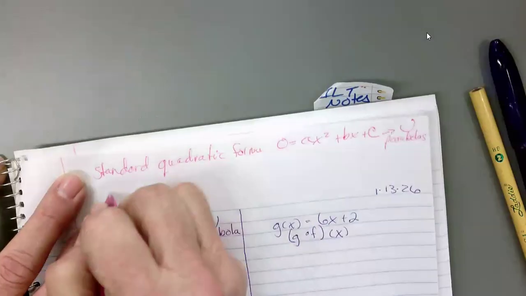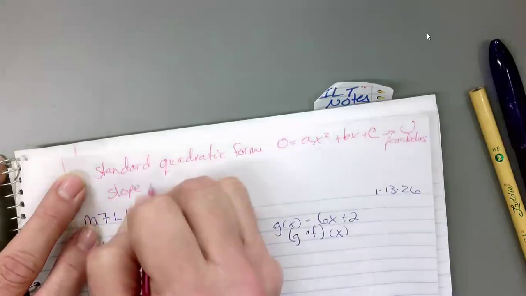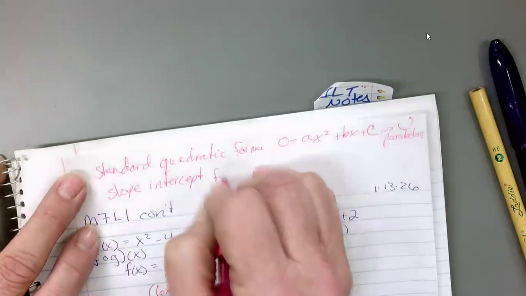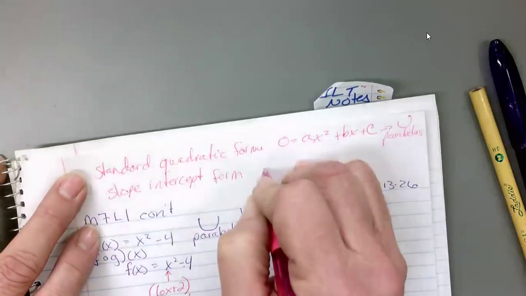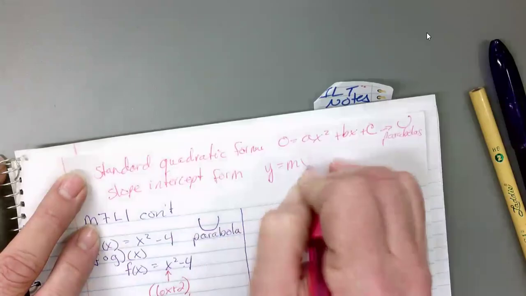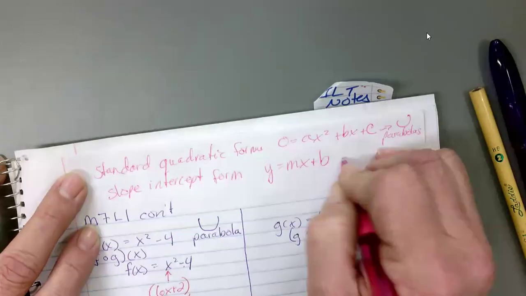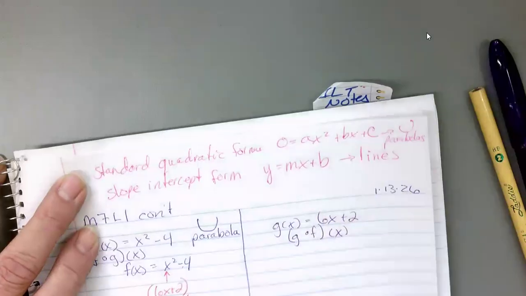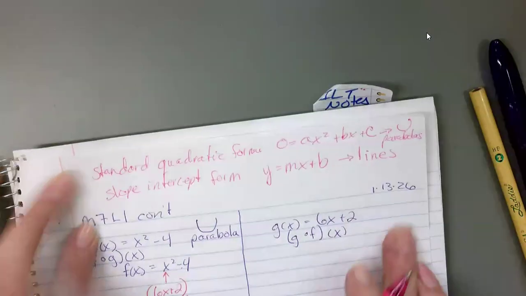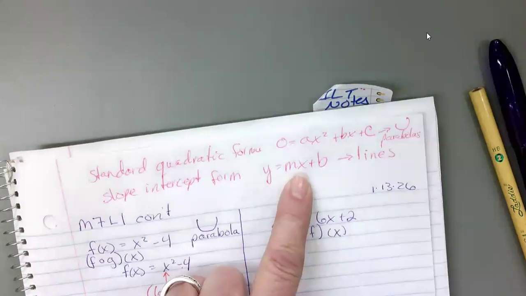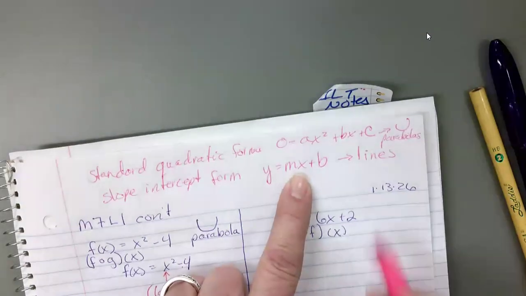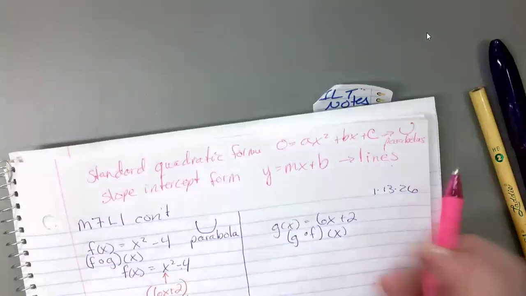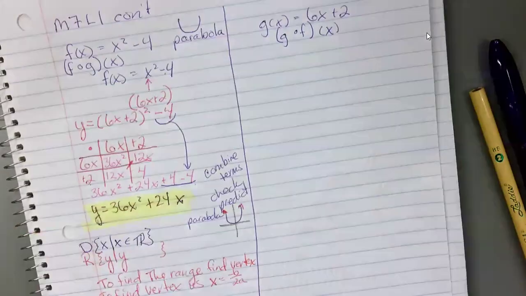And then slope intercept form, which I love, it is beautiful, is y equals mx plus b, and these are lines, right? So when you see something in this form where the x does not have a squared, it's probably a line, and if it does have a square, it's probably a parabola, depending on if there are other things, but that's a good start.